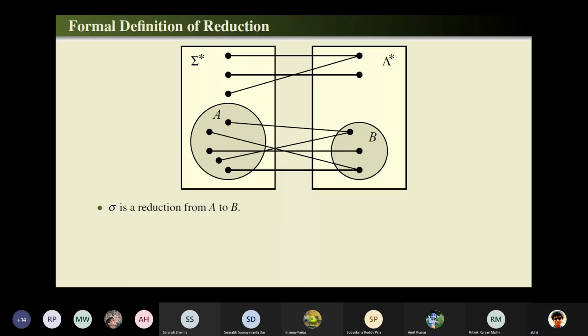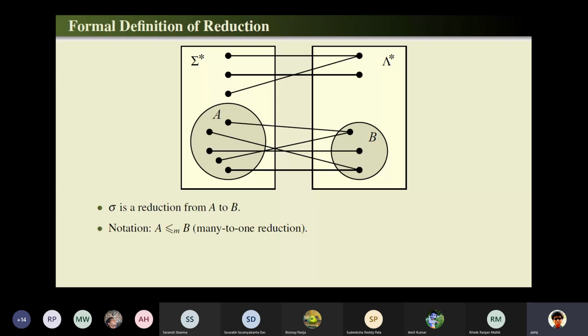We say that sigma is a reduction from A to B. And we write this as A less than or equal to B. And sometimes we use that subscript M to imply that this is a many-to-one reduction. So why many-to-one?